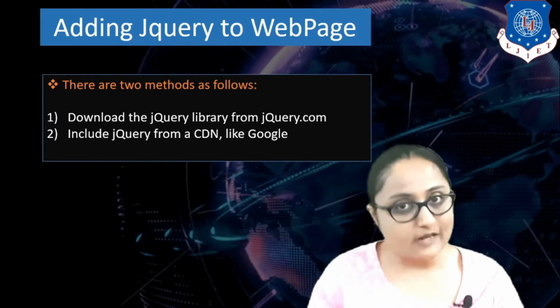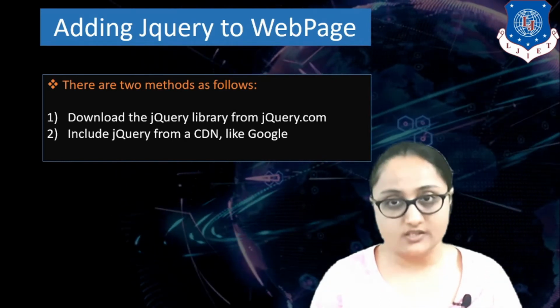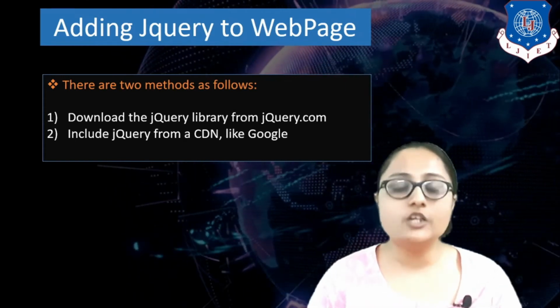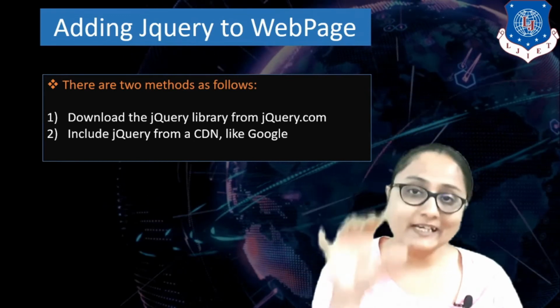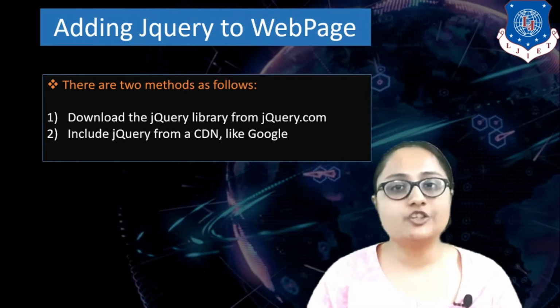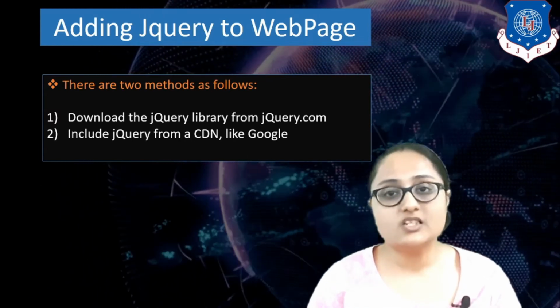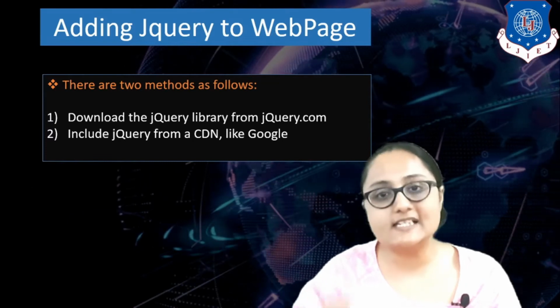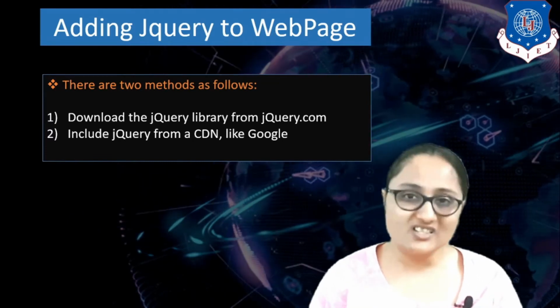You just have to go to Google's page, which provides the CDN for using jQuery, copy the web link and paste that web link in your web page. Now the mandatory condition in the second method is you must have internet. Why? Because this is continuously accessing the web resource. So for the second method you must have internet.